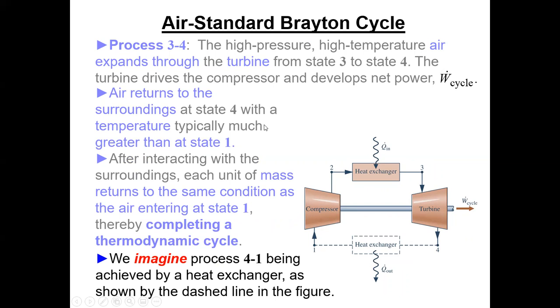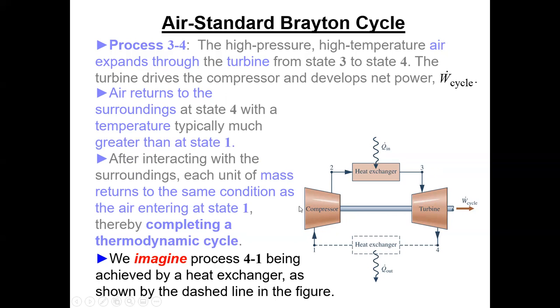Process 3 to 4, that's the turbine. And of course, that's going to generate power. That's going to drive the compressor and the generator. Air typically returns to the surroundings at state 4 at a temperature much greater than 1.